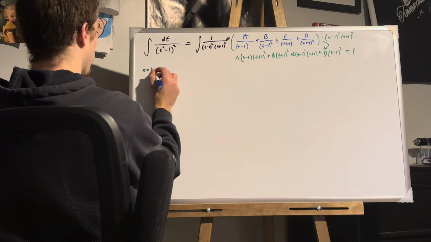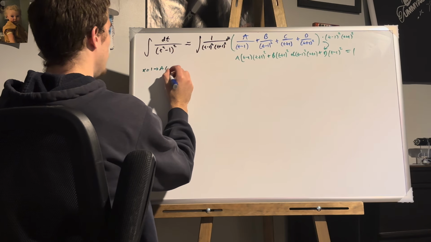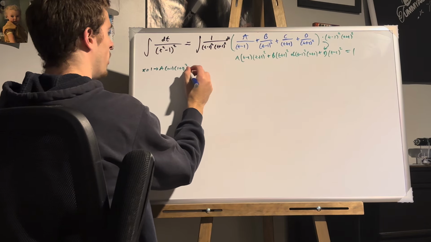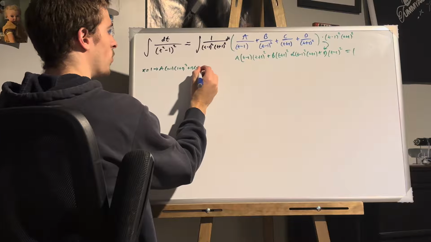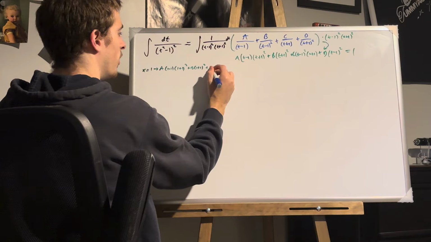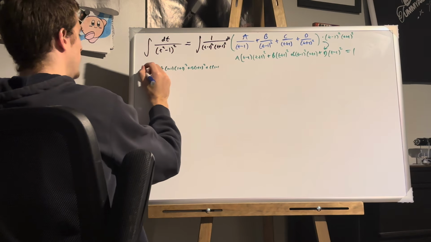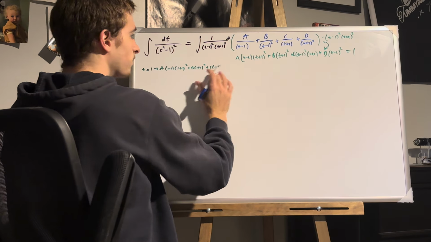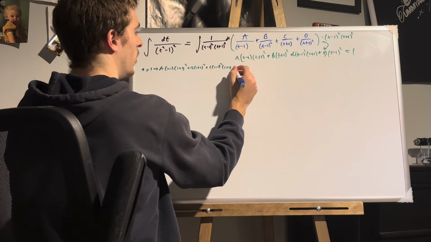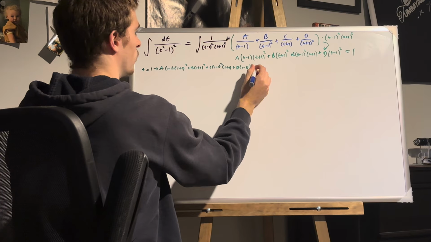So let's do that. If t equals 1, then a times 1 minus 1 times 1 plus 1 squared, plus b times 1 minus 1, 1 plus 1 squared, plus c times 1 minus 1 squared, 1 plus 1, plus d times 1 minus 1 squared equals 1.